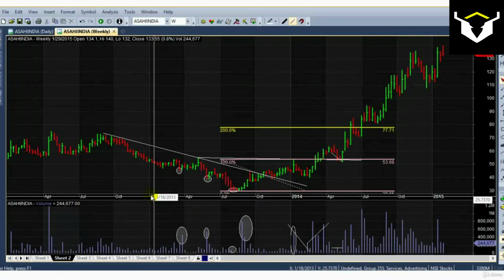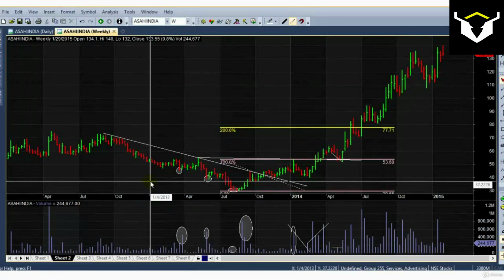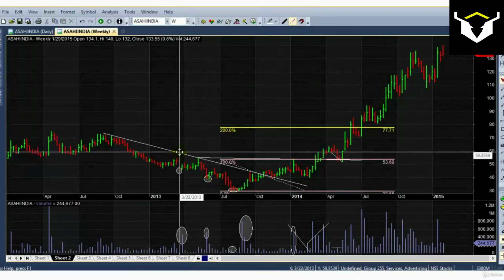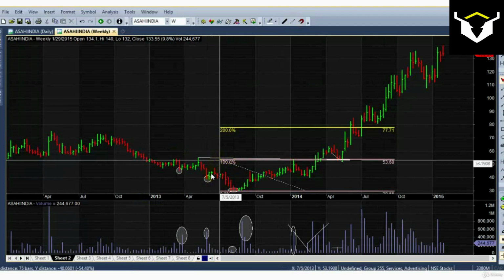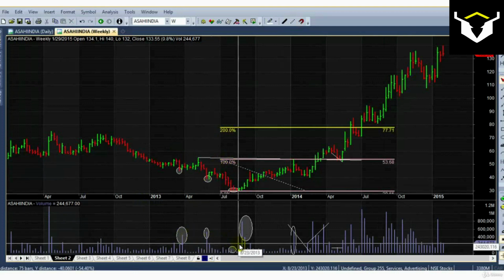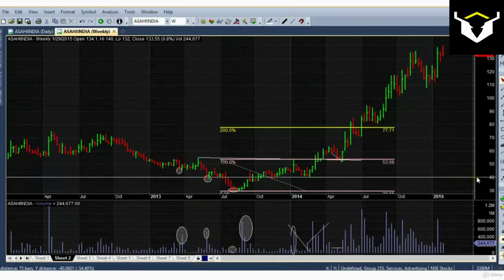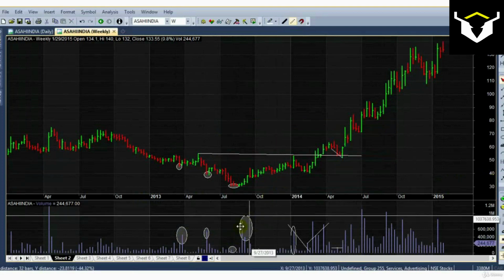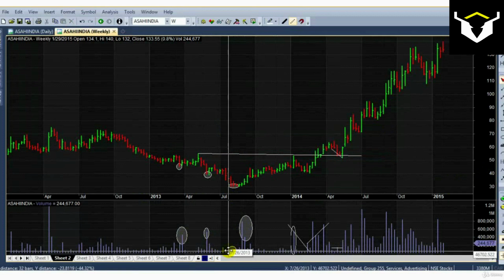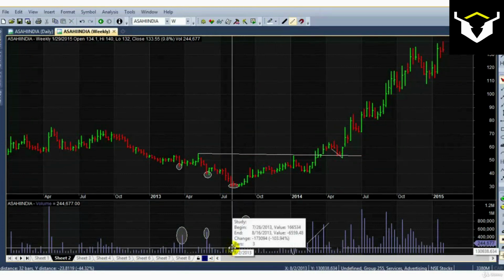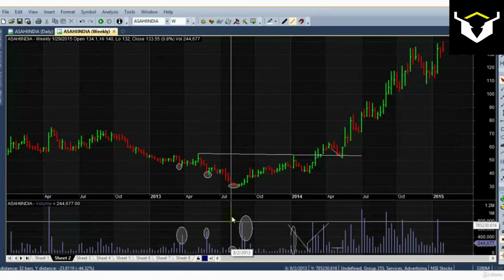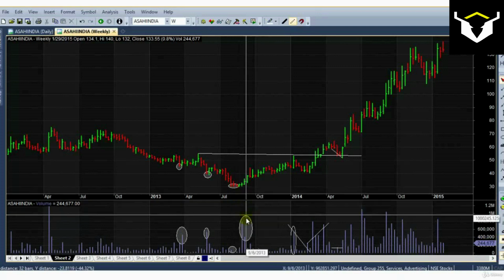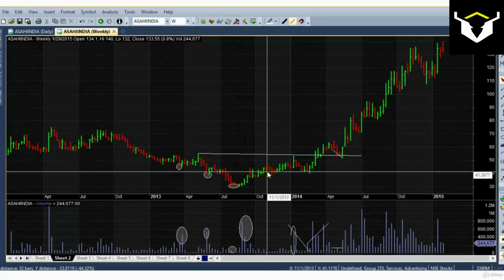So this was quite a textbook inverse head and shoulder pattern. You saw breaking of trend line. You saw how volume started behaving differently when prices made a new low, but volume failed to show any interest in the new low, and then volume started showing interest towards the upside.